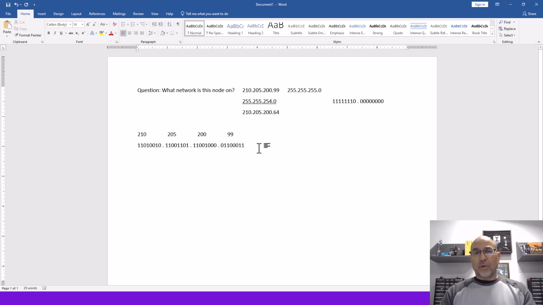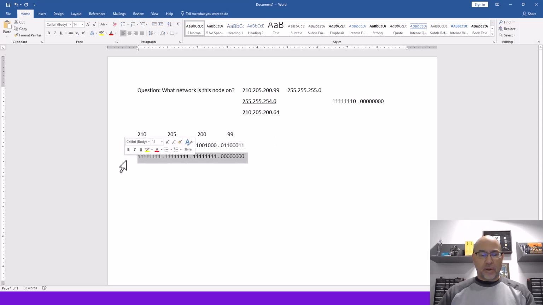All right, we're also going to remember our mask, right? So our original mask looks like this. Let's see that, 8, 8, there we go. Okay, so when we do the ANDing process right here, we know that because it's classful, anything that I put there doesn't matter.